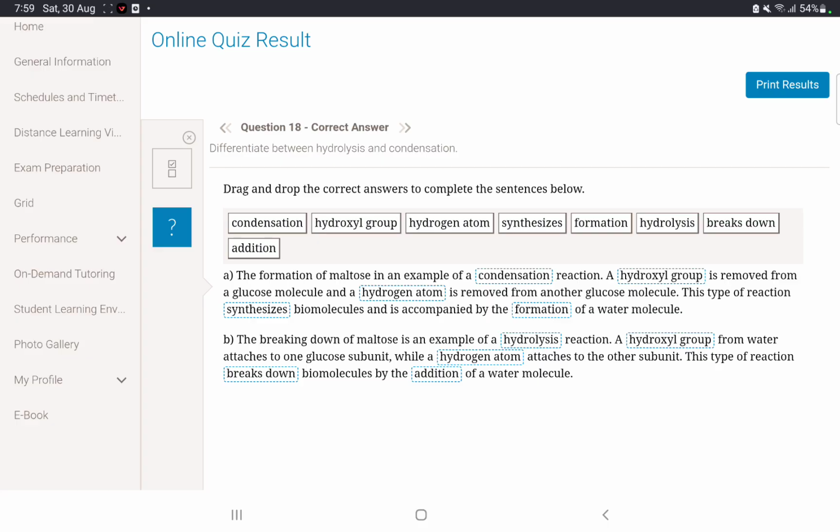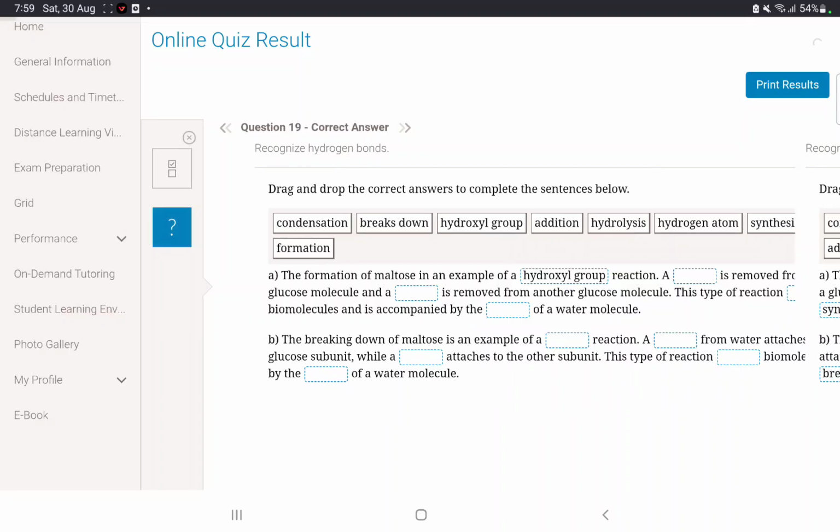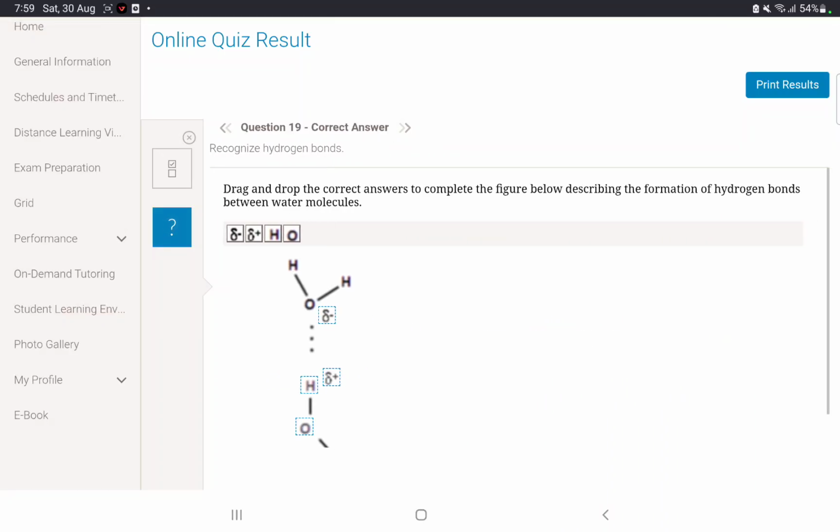So when you remove the hydroxyl and you remove the hydrogen atom, you smush them together, you get water. That's the byproduct of this whole process. The breaking down of maltose is an example of hydrolysis. So you break down: hydrolysis, a hydroxyl group from water attaches to one, then the hydrogen atom attaches to the other. This type of reaction breaks down the biomolecules by adding water. Okay? Hydrolysis breaks, condensation builds up.